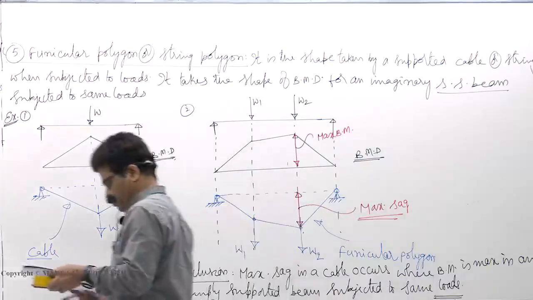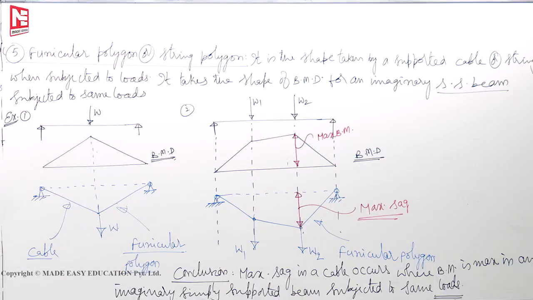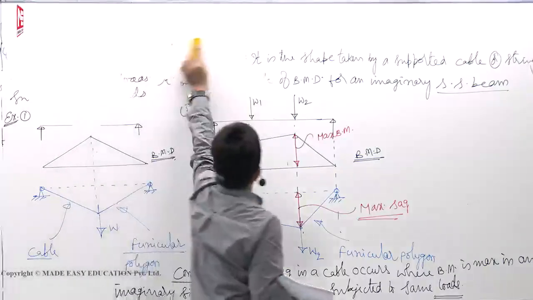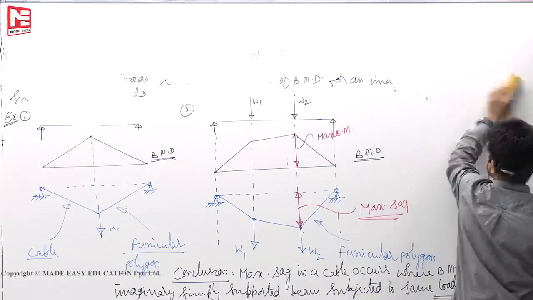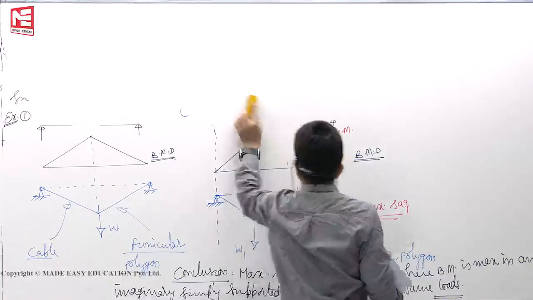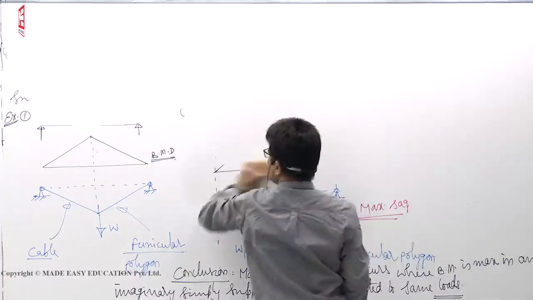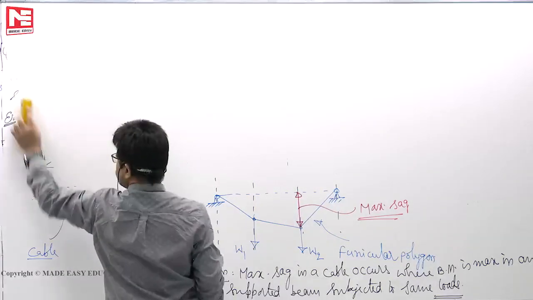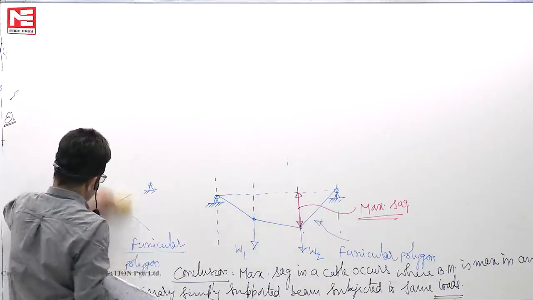Now, let us see how to find where maximum sag occurs in a cable. That is a 2 marks question. We have to draw an imaginary beam subjected to the same loads and draw the bending moment diagram. Wherever bending moment is maximum, at that same location in the cable, sag is also maximum.